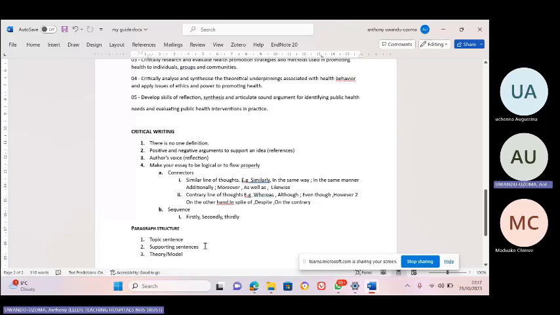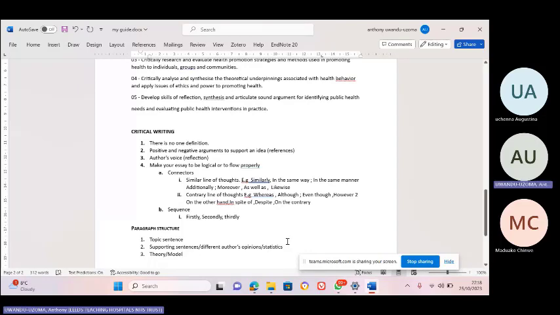Supporting sentences, slash different authors' opinions. So you have your theory, model, then statistics. I'm typing this from my brain now, based on my experience.